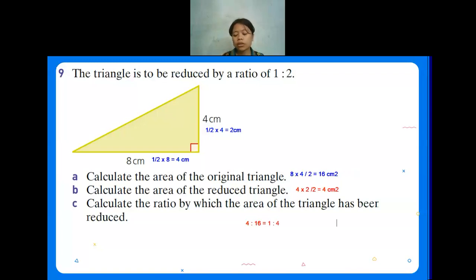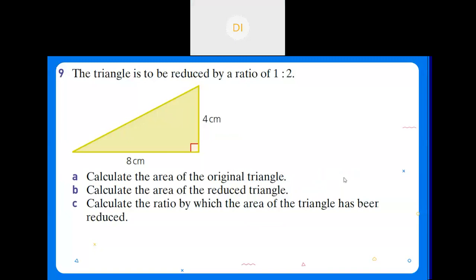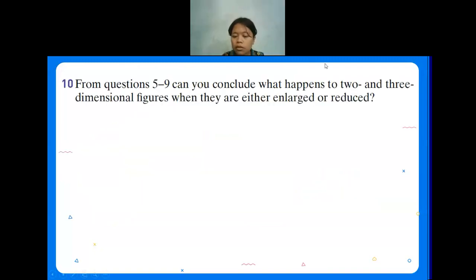So you can see, at question 5 maybe. When a two-dimensional shape is reduced or increased, the ratio for the area is the square of the initial ratio, or the ratio for the length.